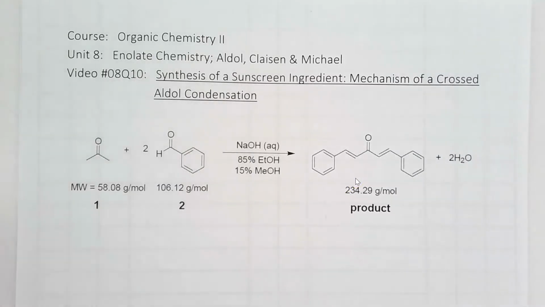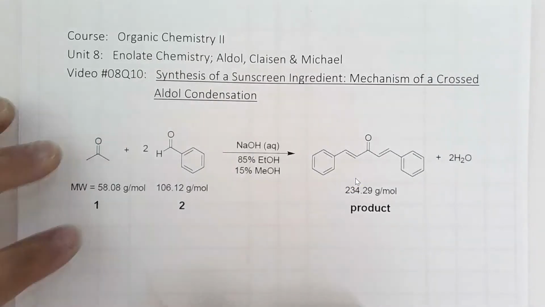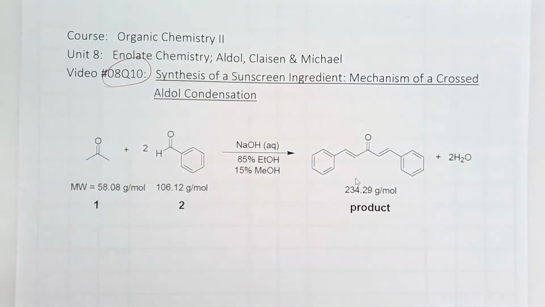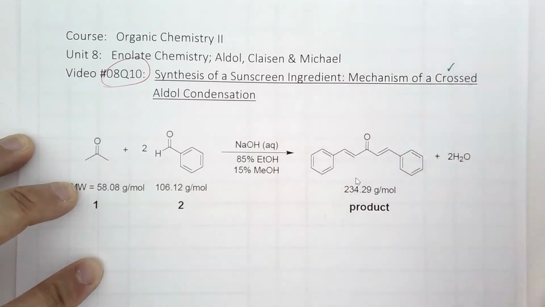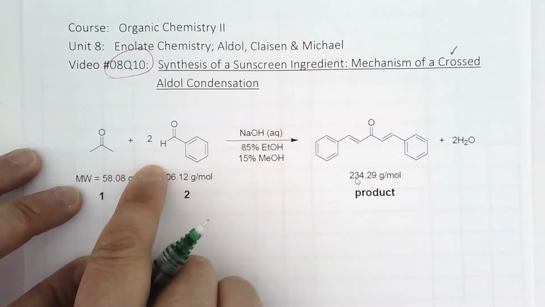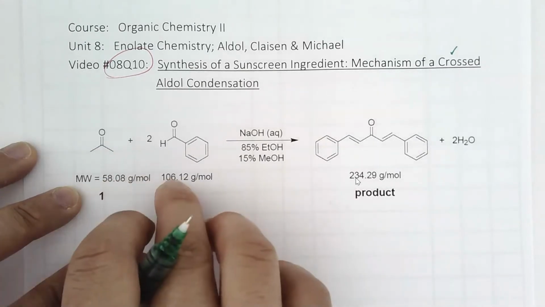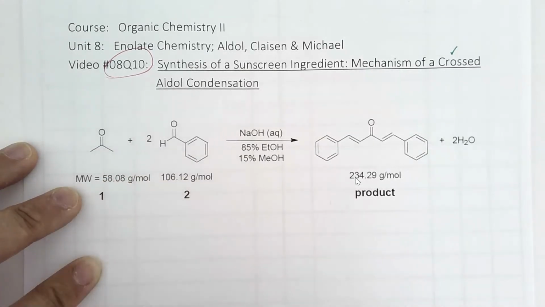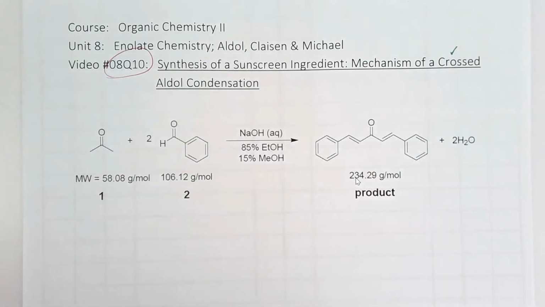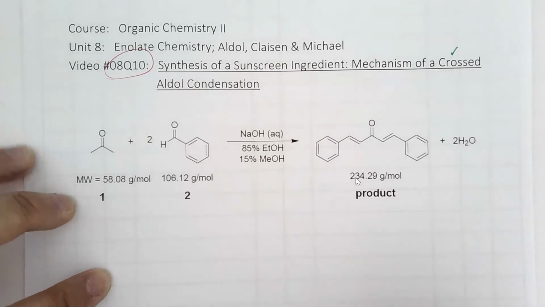Okay, crossed aldol condensation. Why the word crossed? Crossed because you are reacting two different carbonyl groups, or two different carbonyl compounds. Now we're doing an aldol reaction, and to have a very successful crossed aldol, one of the starting materials shouldn't have an alpha hydrogen.